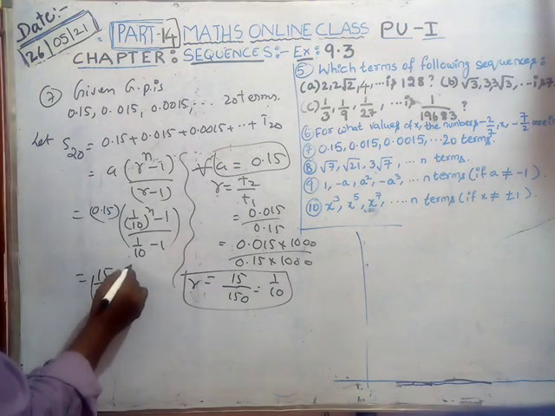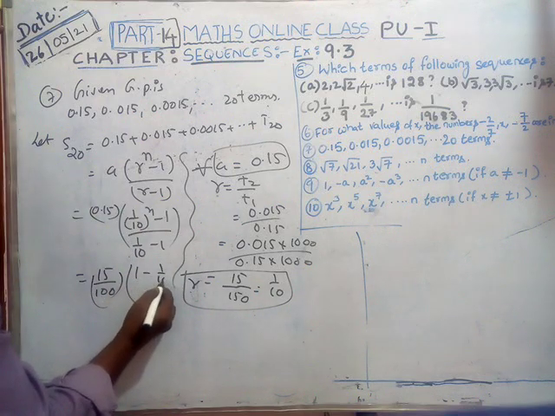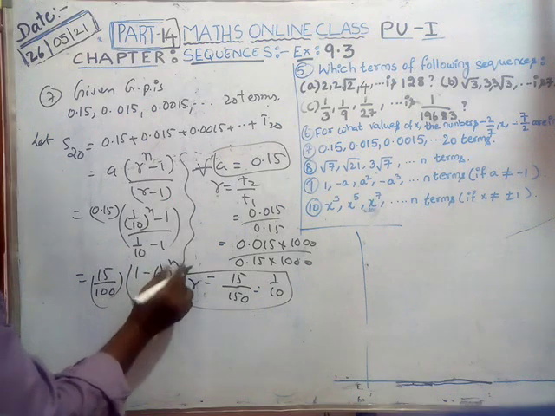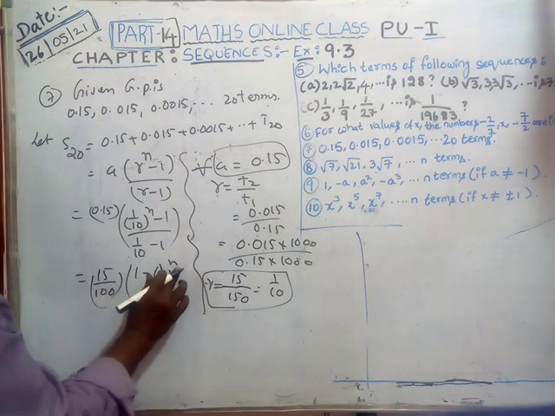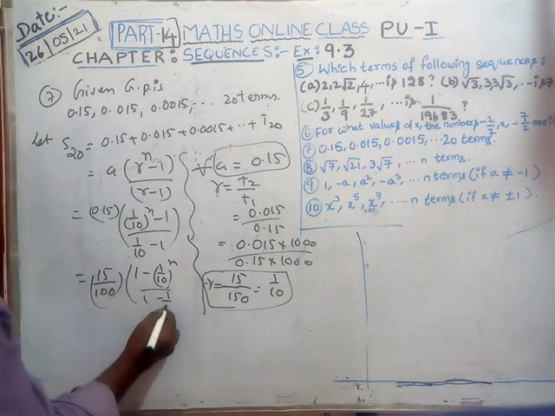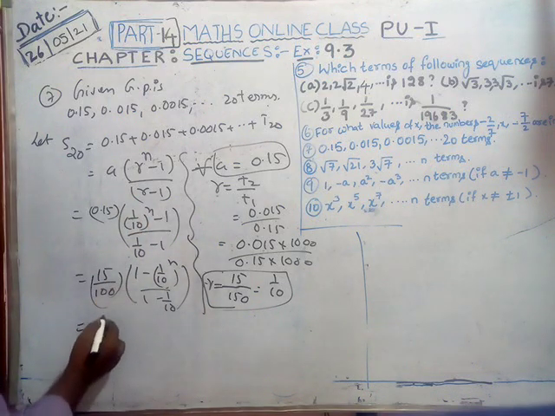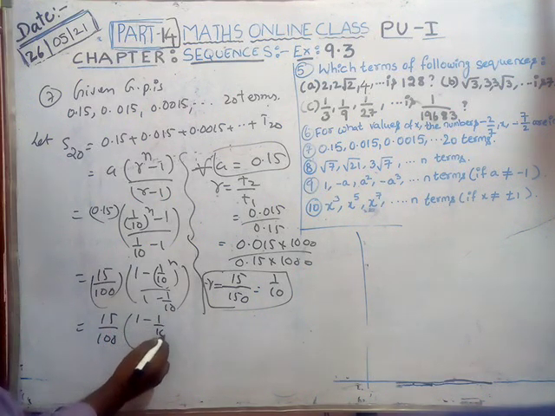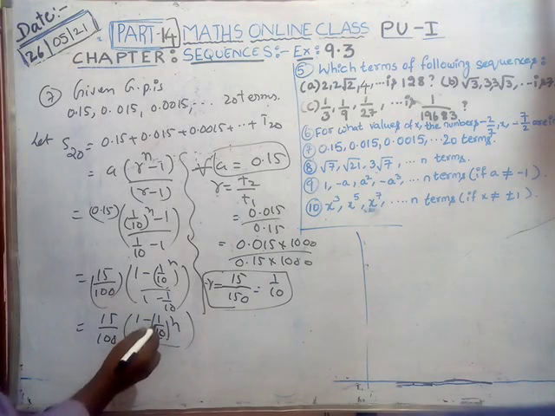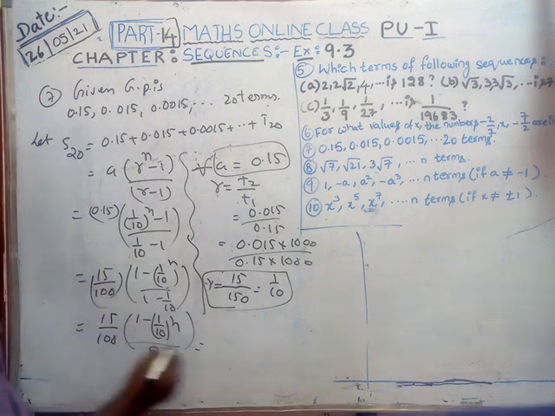I want to take its reverse: 1 minus 1 by 10 power n by 1 minus 1 by 10. Both are interchanged, minus by minus plus. It is 15 by 100 of 1 minus 1 by 10 power n by, you see, 10 minus 1, 9 by 10.